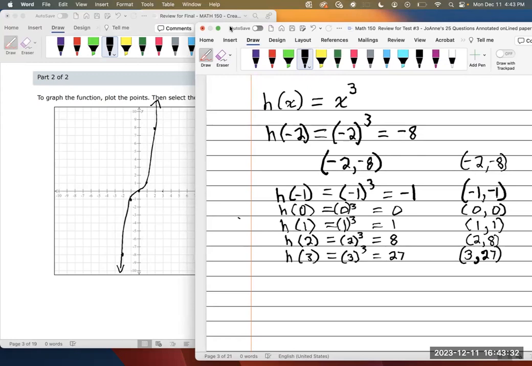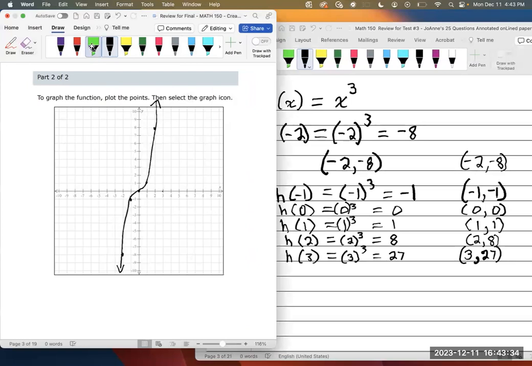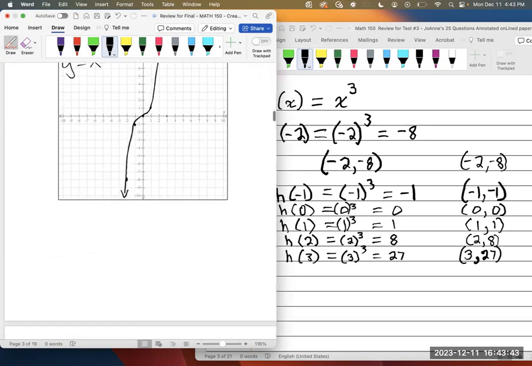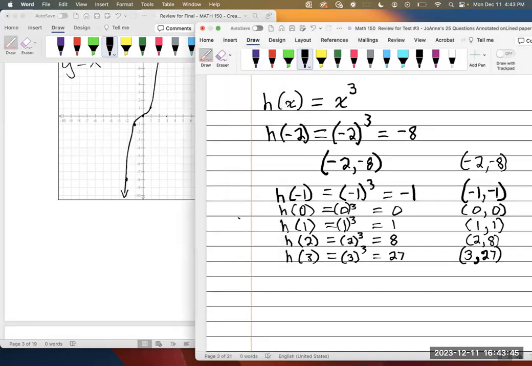This is the parent function for a cubic equation. Everything that is an equation or a function of third degree will have this general overall shape. You do need to know the parent function for a cubic. It looks like this.